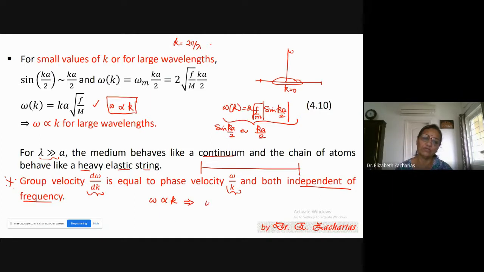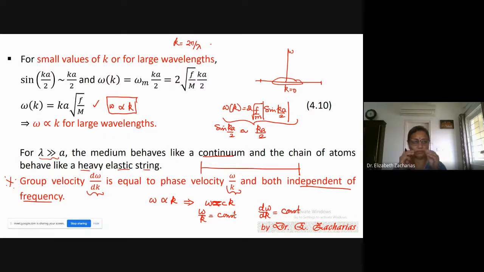This also means omega is some constant into k. So what will be omega by k? Omega by k will be a constant. Similarly, what will be d omega by dk? When you differentiate, you will find that d omega by dk also will be equal to c, a constant. And both are independent of omega.